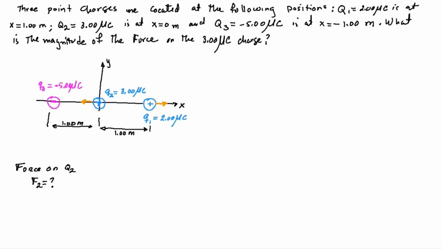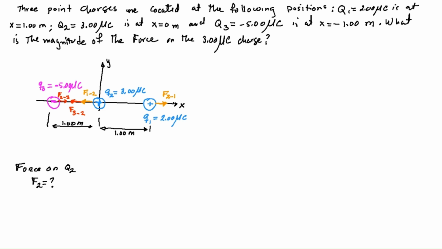This one is the force that 2 exerts on 1, and this one is the force that 1 exerts on 2, because these two charges are going to repel each other. Now, the force that Q sub 3 exerts on Q sub 2 will be a force of attraction because they have different signs.